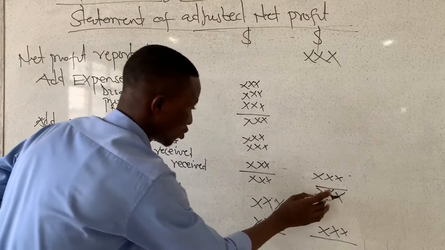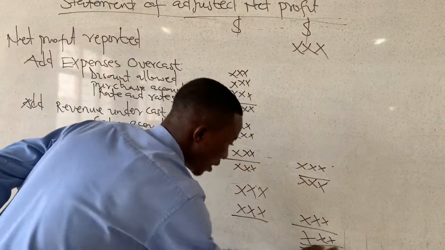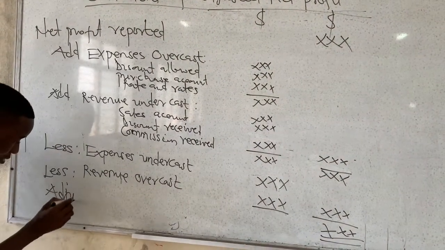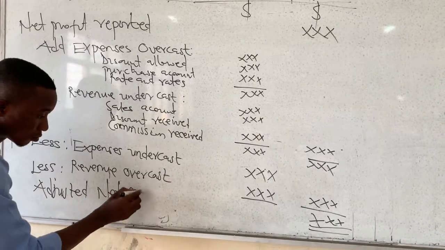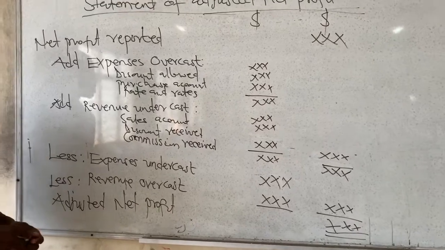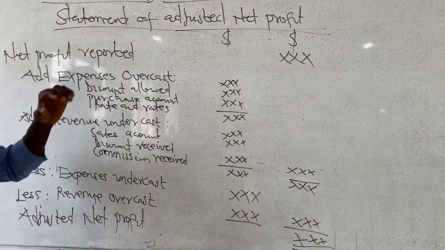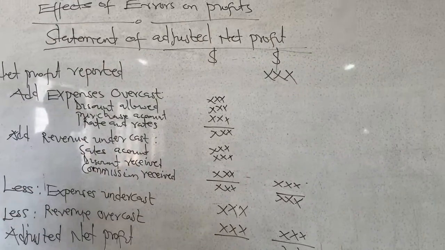You less it from the total of this amount, you get an amount here. And this amount will be the adjusted net profit or corrected net profit. So basically this is the format of the statement of adjusted net profit or corrected net profit. Okay, so basically these are the effects on profit.